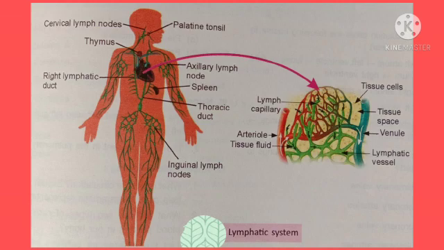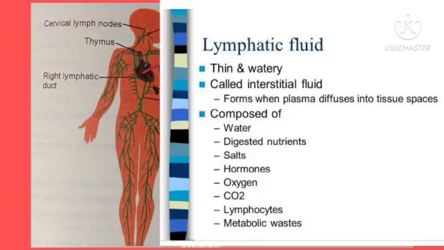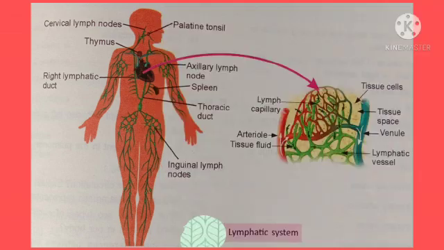This lymph flows through tiny channels called lymph vessels. It has all the elements of blood except RBC and blood platelets. It's slightly yellowish in color and contains white blood cells, especially lymphocytes, which help in fighting infections. The lymphatic system consists of lymph vessels and lymph nodes.